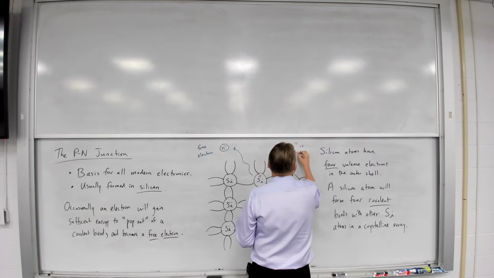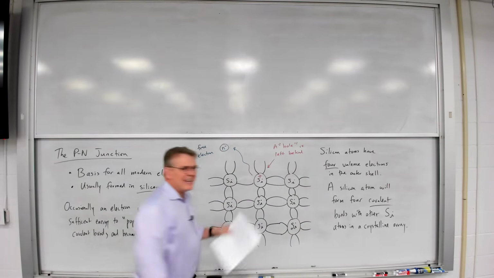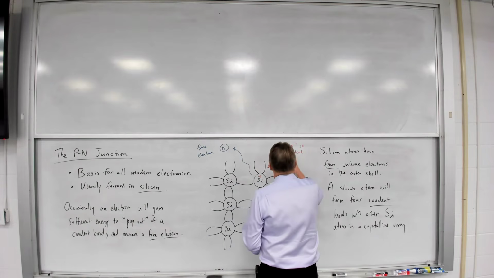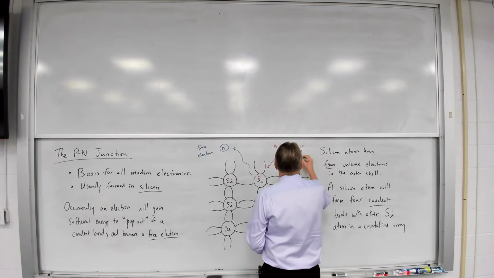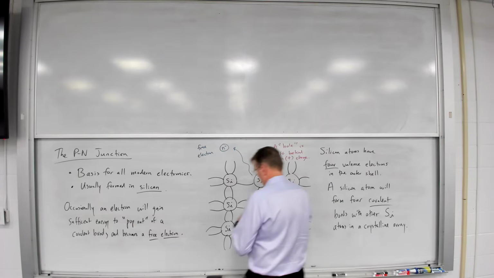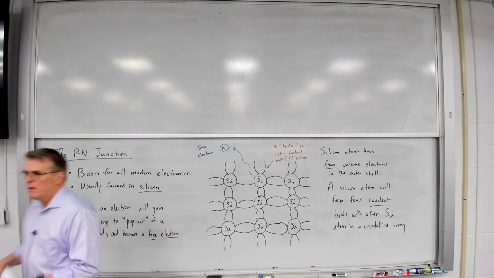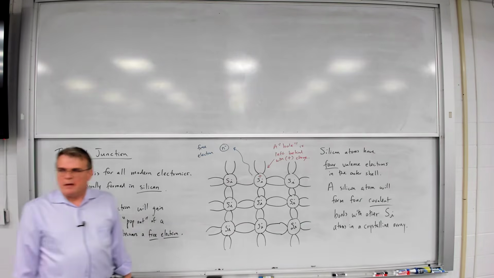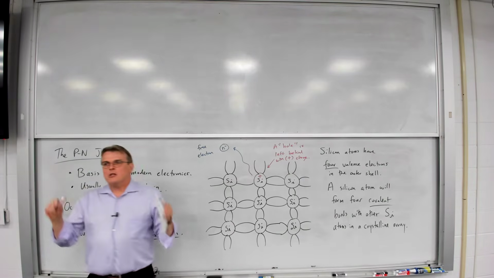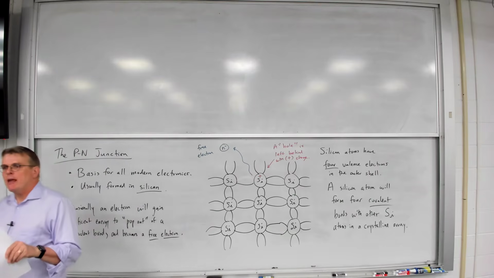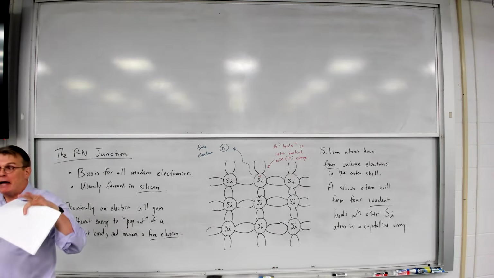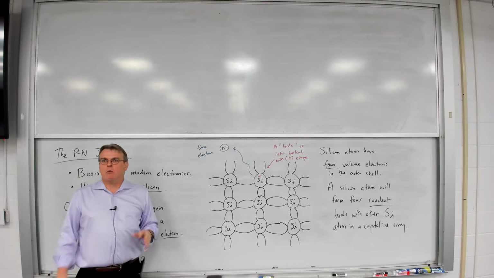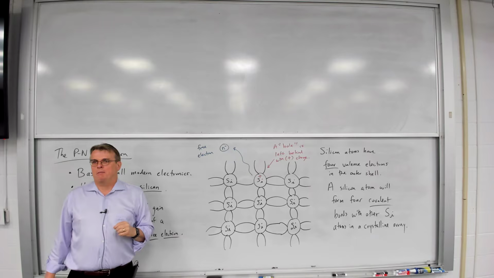So a hole is left behind with a net positive charge. Okay, now the interesting thing about semiconductor physics is we actually treat holes as if they were charged particles, physical particles, almost as if they were the counterpart of an electron.